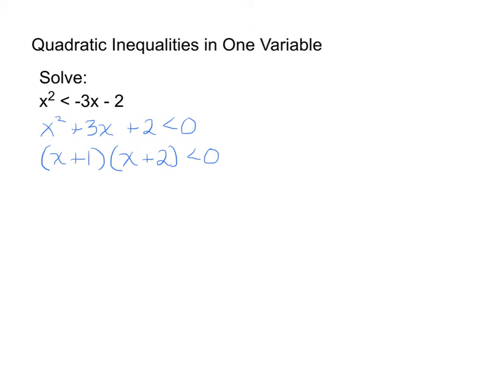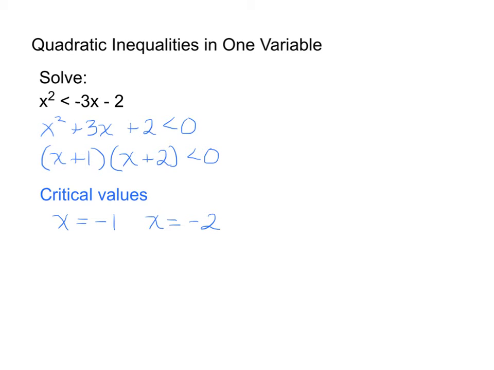So our critical values, or our boundary values, are those values of x that would make those equal to 0. Critical values are x equals negative 1 and x equals negative 2.